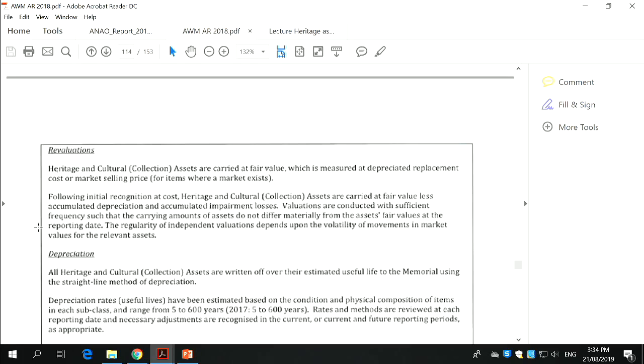Valuations are conducted with sufficient frequency so that they do not differ materially from the assets' fair values from time to time.